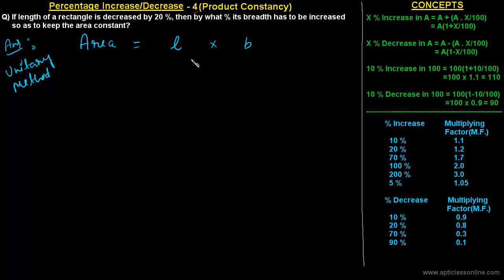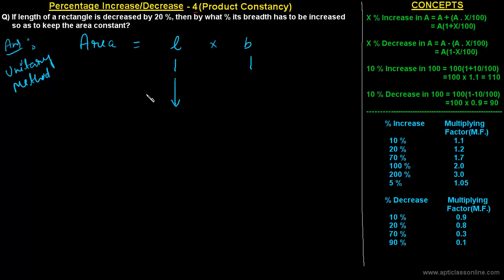In unitary method, what we do is that we initially assume the length and breadth both to be 1. Both has been assumed as 1. Now it is given that the length of rectangle is decreased by 20%.